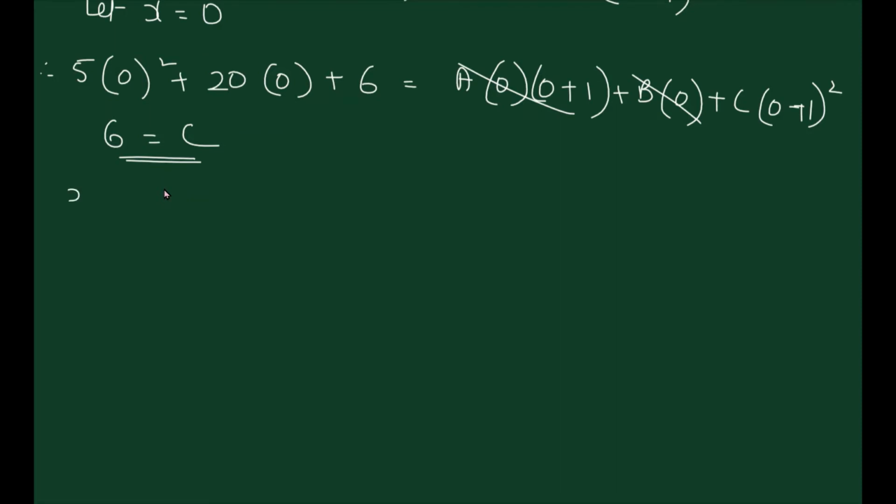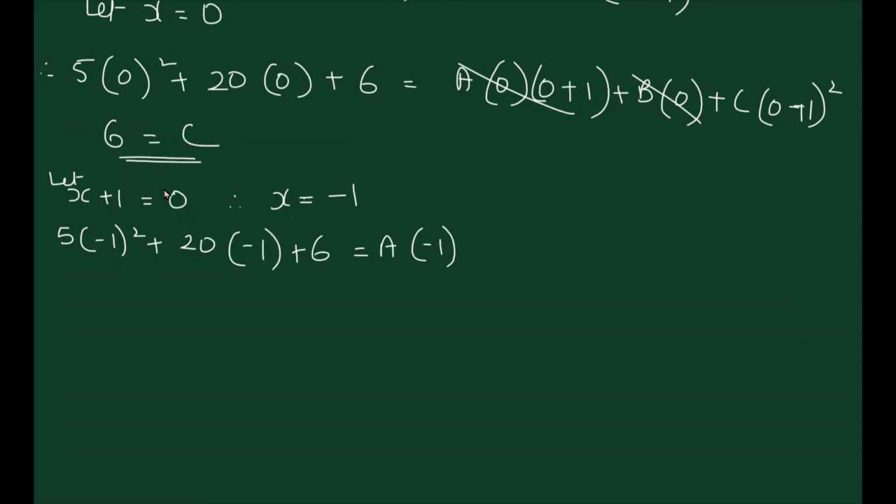now let x plus 1 is equal to 0. The next term, that is x plus 1 is equal to 0 and therefore x is equal to minus 1. And therefore putting minus 1 over here, we get 5 into minus 1 the whole square plus 20 into minus 1 plus 6 is equal to a into minus 1 plus 1 plus b into minus 1 plus c into minus 1 plus 1 the whole square.